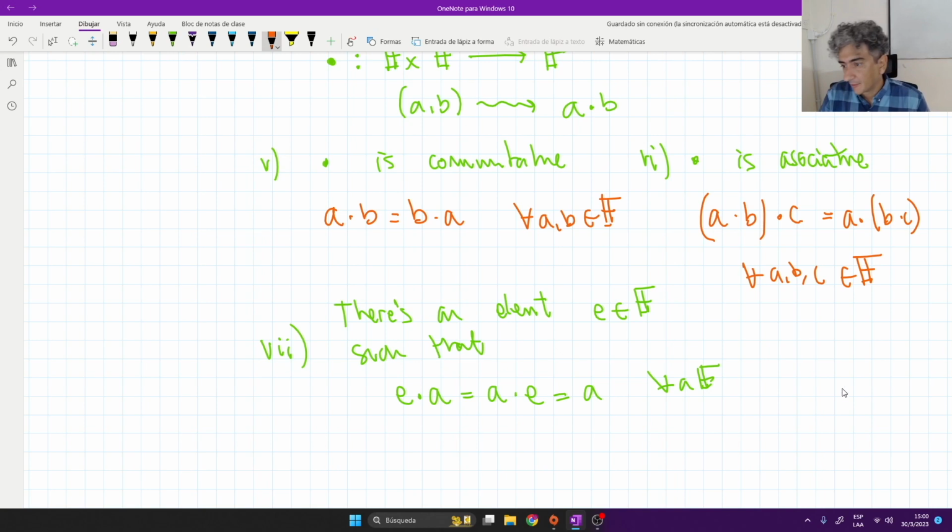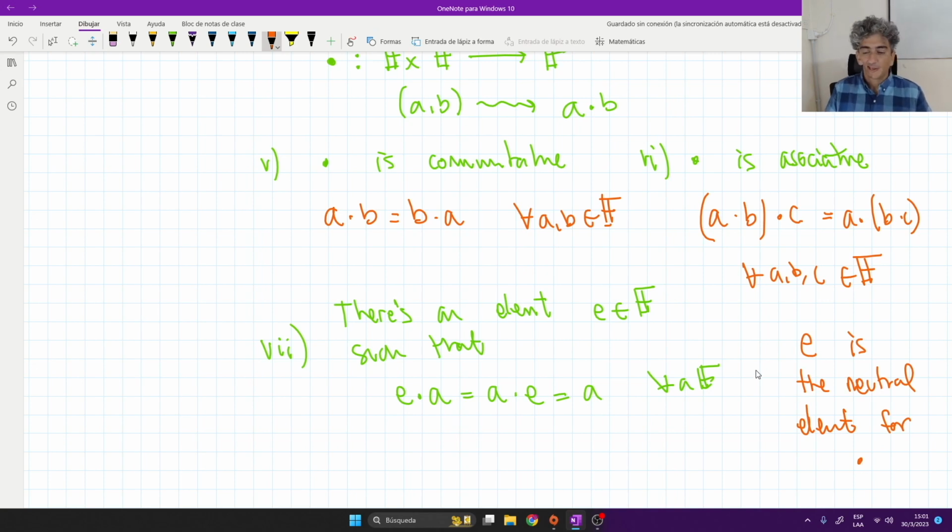So we say that E is the neutral element for multiplication, right? It works just as if it were a 1, okay?